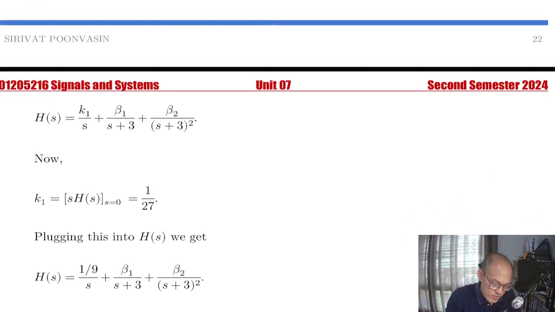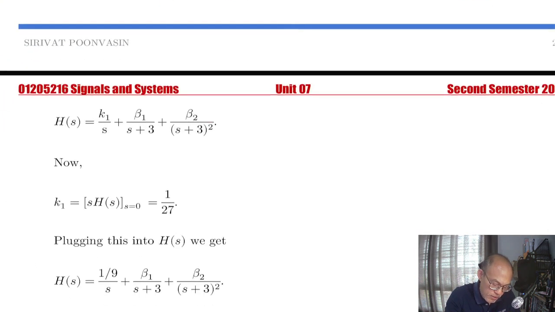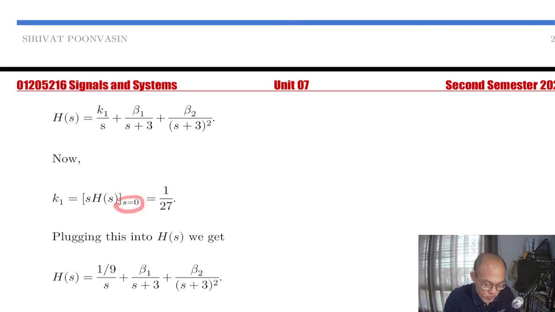Now, as I said earlier, k1 corresponds to the pole that is not repeating. So to find k1 is easy. You multiply s to H(s), and after you've multiplied them, you plug in s equal to 0. Why s equal to 0 here? Because the first pole is at 0, so you plug in s equal to the first pole.